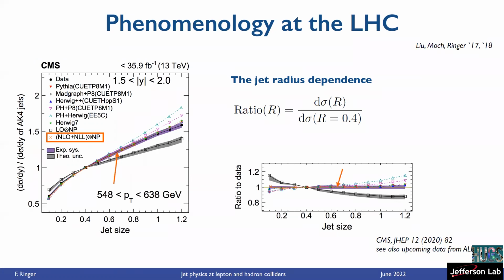So the main point is that thinking about it in terms of jet functions, as opposed to fixed order calculations, gives us a very intuitive way to think about jets, as this universal function that tells us how we go from quarks and gluons to jets. And also, it is necessary to describe the data.